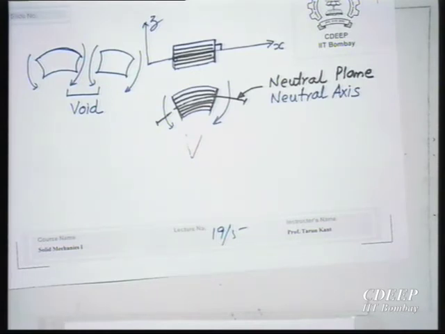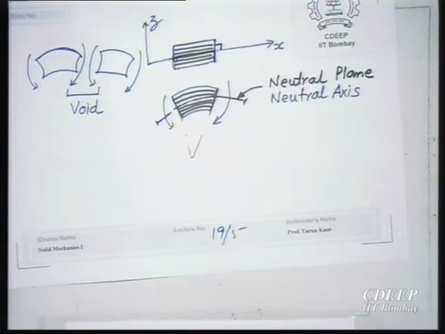Further, is there any xz? Yes. I told you something about it: it is plane stress that we are considering.